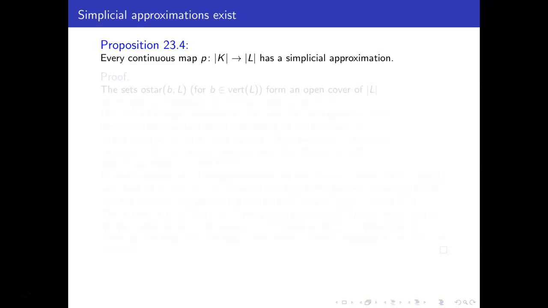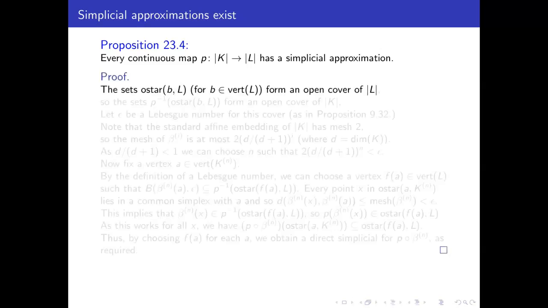So the key point is that every continuous map P from mod K to mod L has a simplicial approximation. To prove this, if you think back to what we did with covering spaces and the covering homotopy theorem, there the idea was that we had some open covers and Lebesgue numbers, and we subdivided things enough to make sure that the radius was smaller than the Lebesgue number.